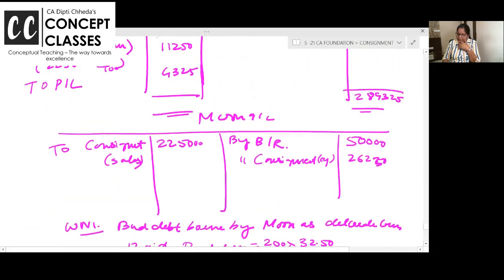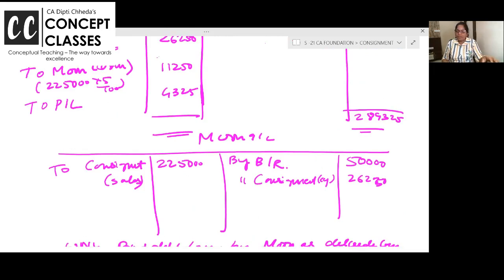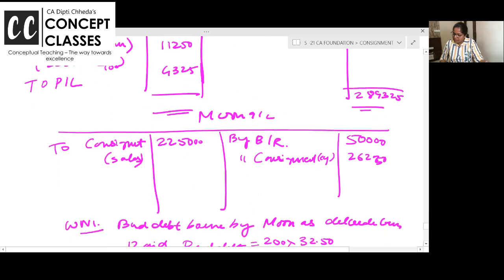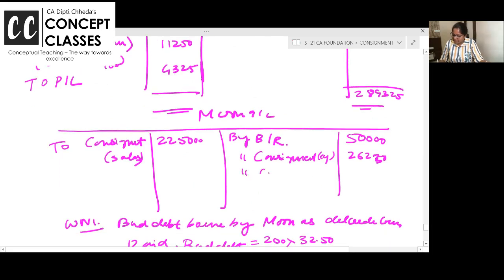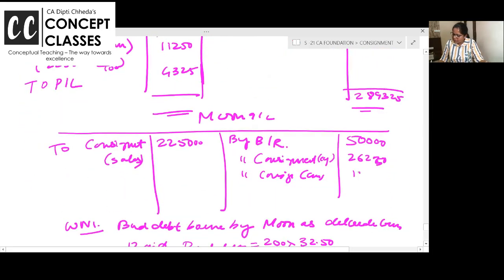ये 1 minute. Moon, we have sold you the goods of 2,25,000. Against that expenses is there. Commission भी डालो. Commission भी आ जाएगा. कितना है commission? 11,250.